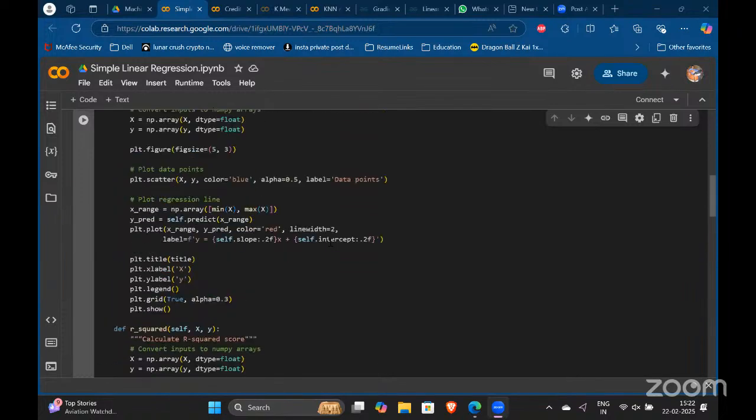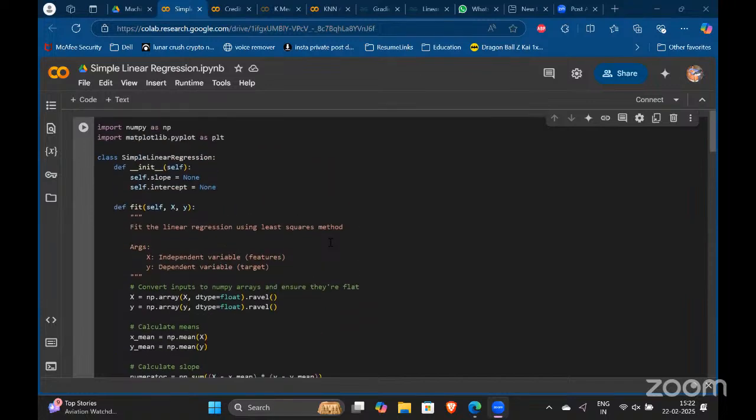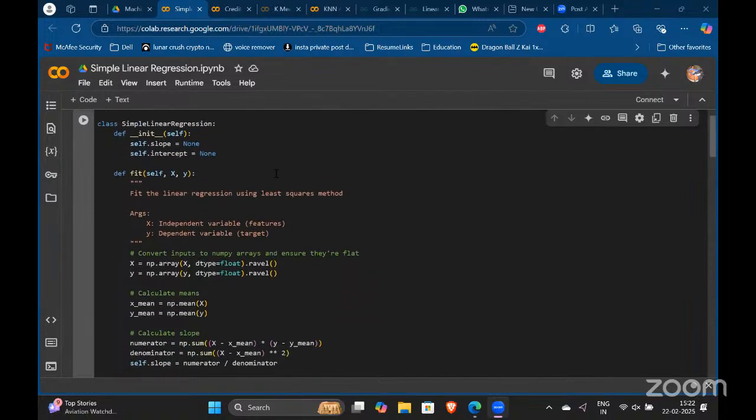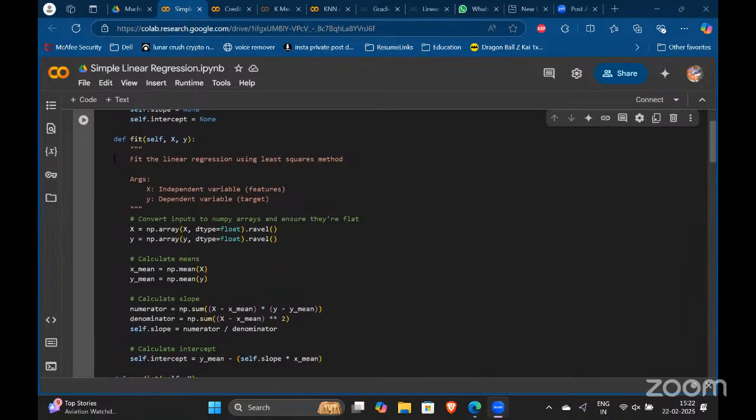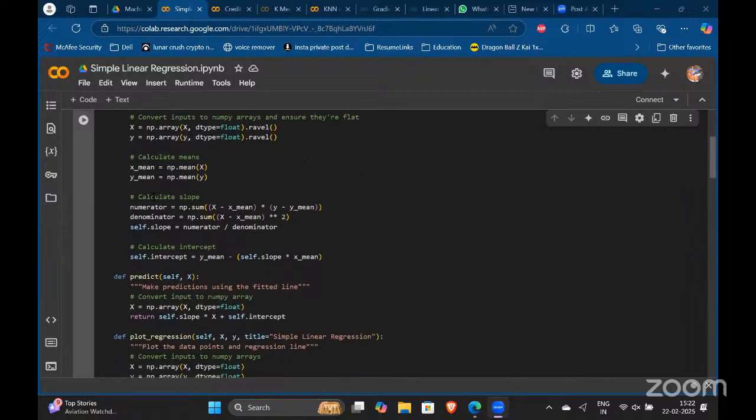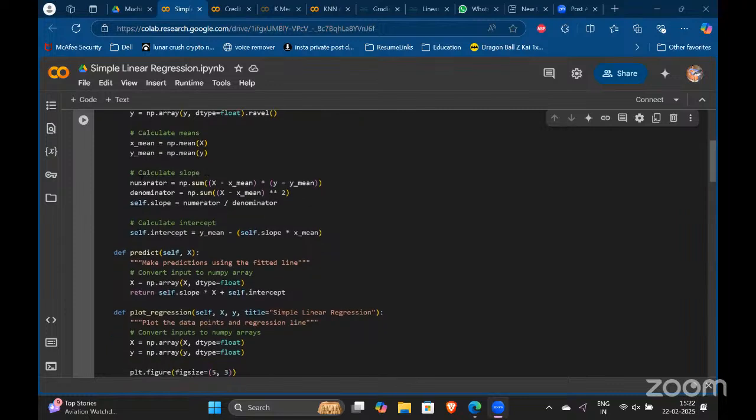Okay. So here you can see that I have a class called simple linear regression, and this fit method will take two values, x and y, convert them into inputs, and calculate the mean of x and y. Now we have to calculate the slope value with the same formula that I have told you.